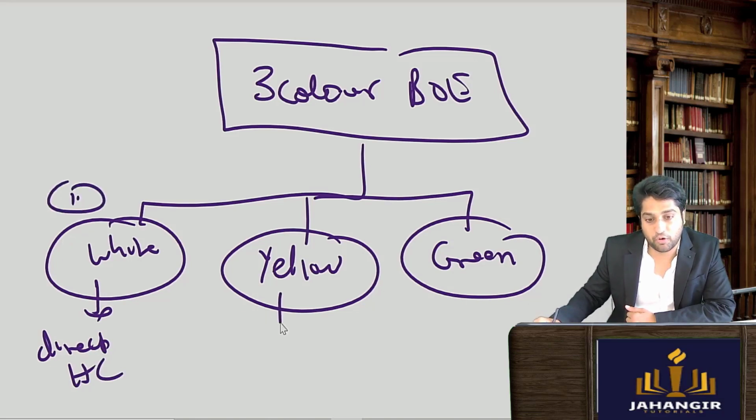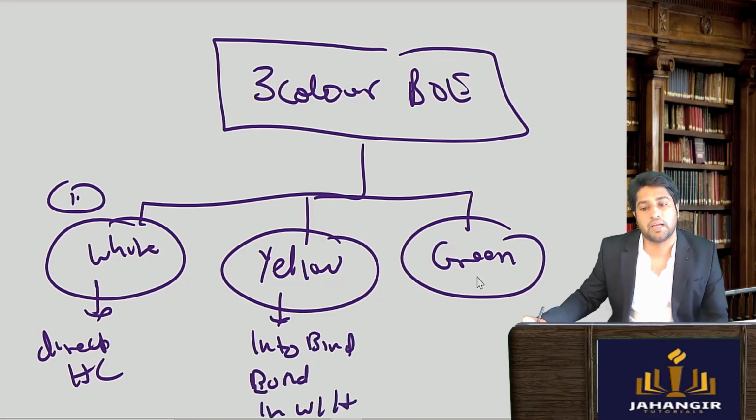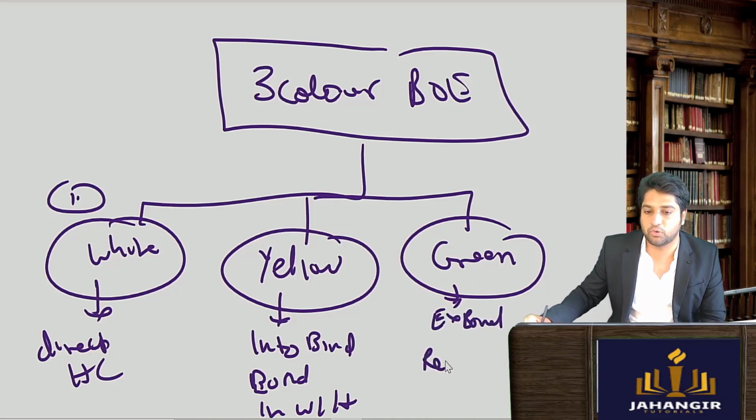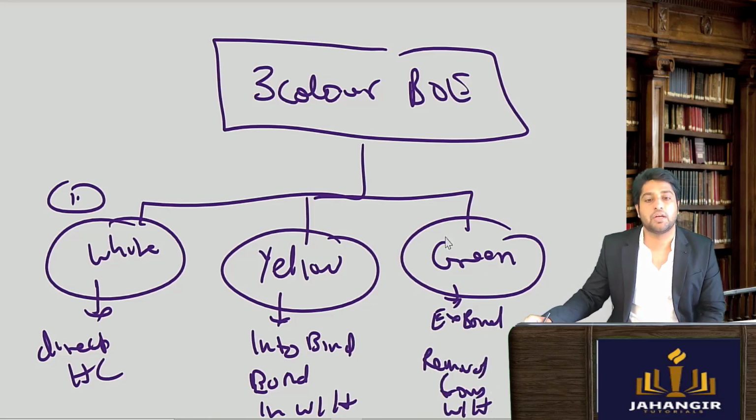If I am depositing into the warehouse, it is called the into bond bill of entry. And green color is called the ex-bond bill of entry when you are removing from the warehouse. Okay, so all these three colors you have to remember.